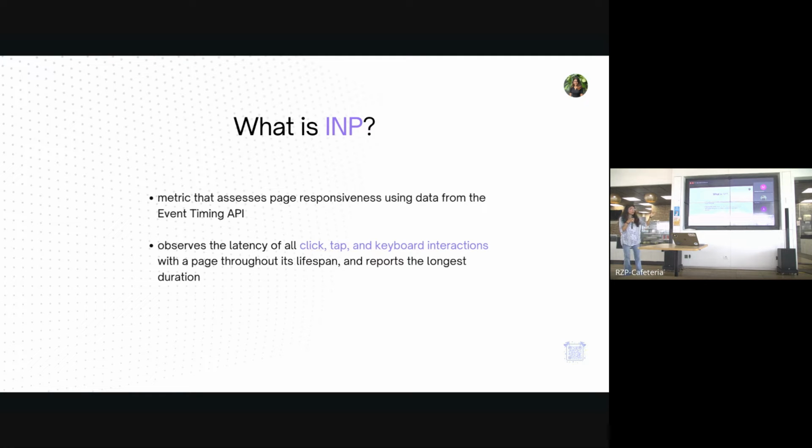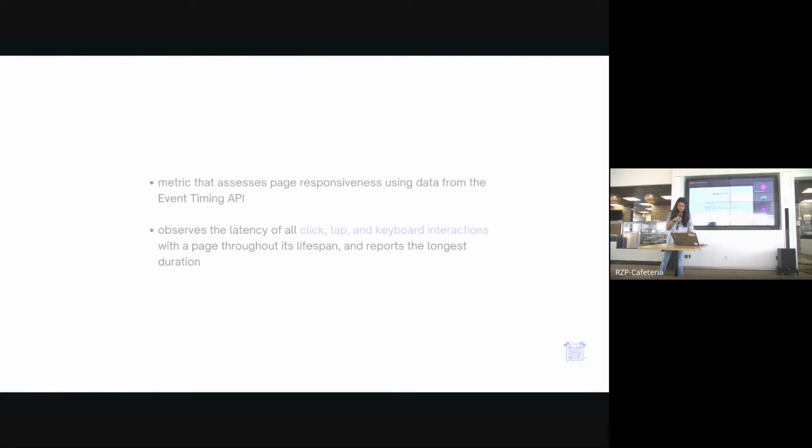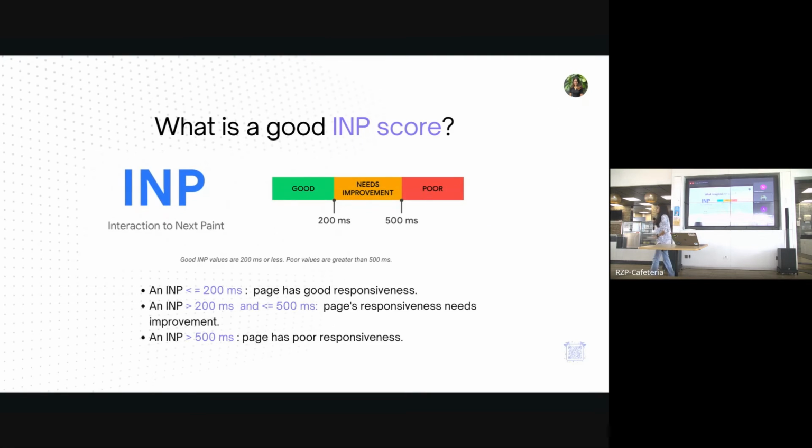INP considers these interactions when calculating your responsiveness metric. And it calculates the longest interaction that happened after the load of your page. Of all the interactions throughout the page, the longest one is considered the INP metric.